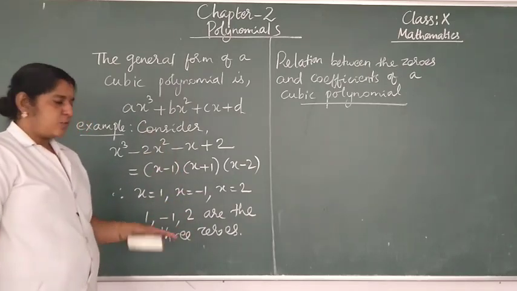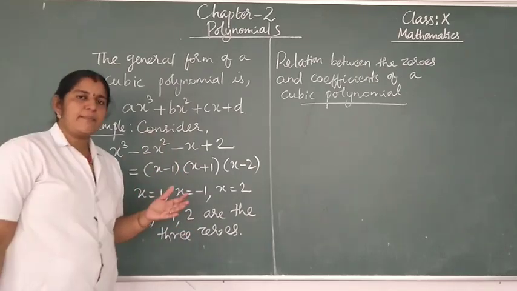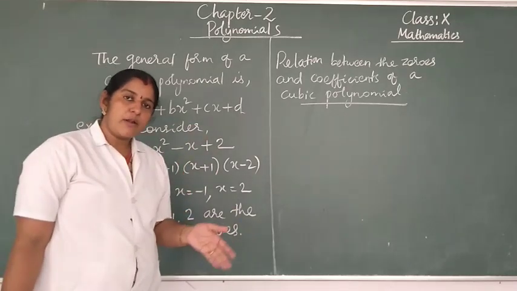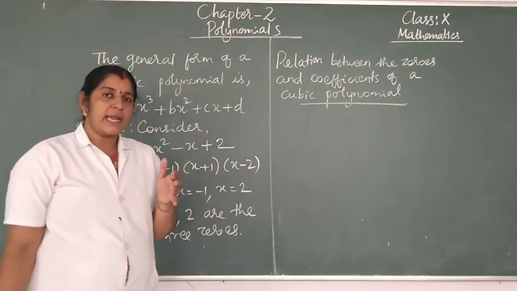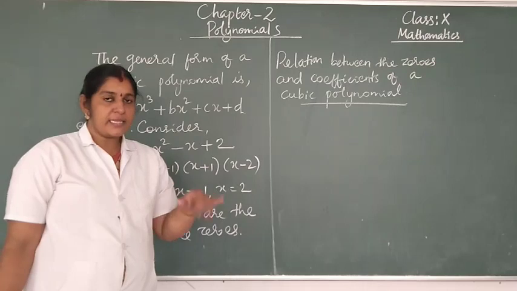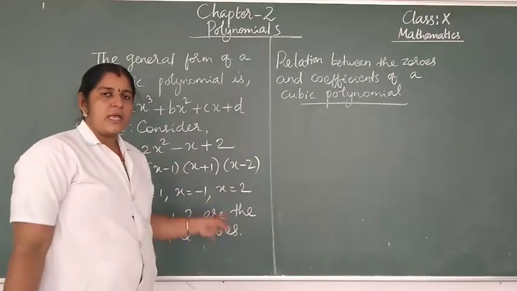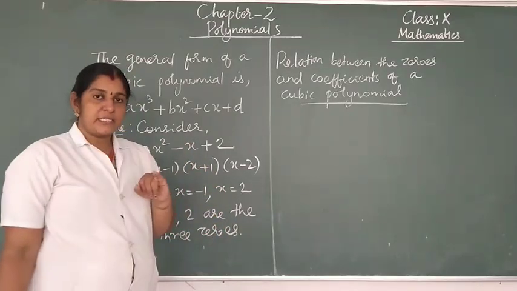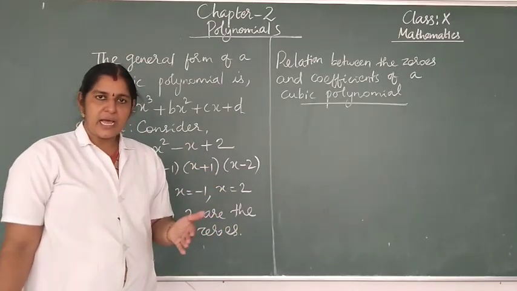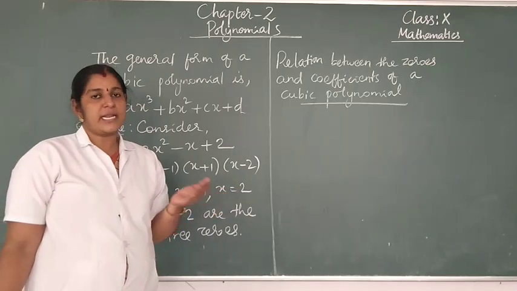Now what I am going to do, as we did in linear polynomial and quadratic polynomial, how we took the zeros there? One zero is alpha, another zero is beta. Because here there are three zeros, we are going to consider the first zero alpha, then beta, and one more zero we are going to consider as gamma.